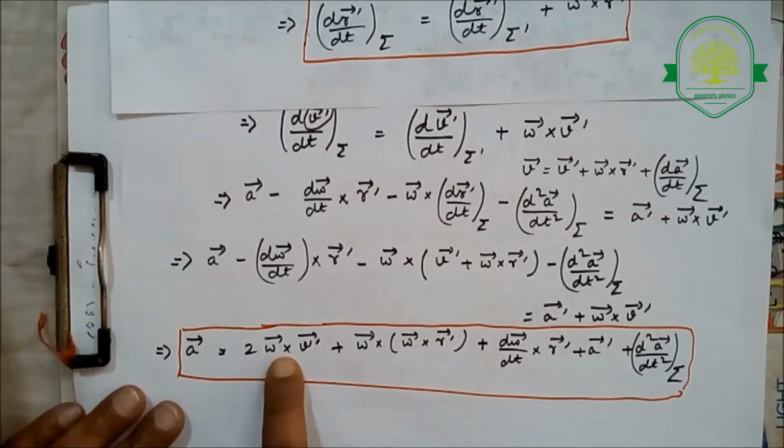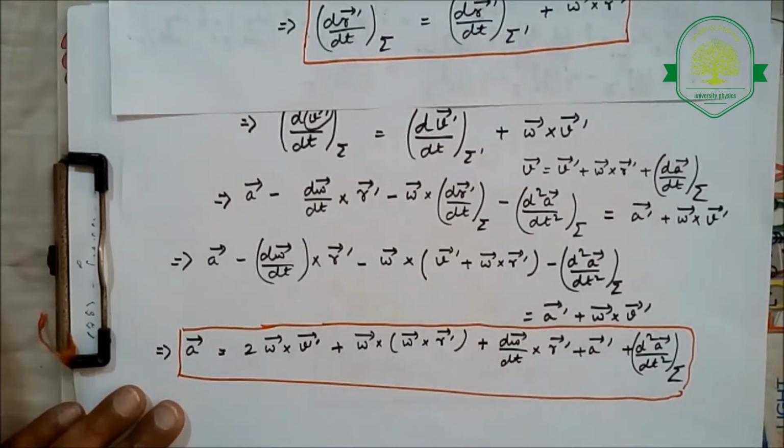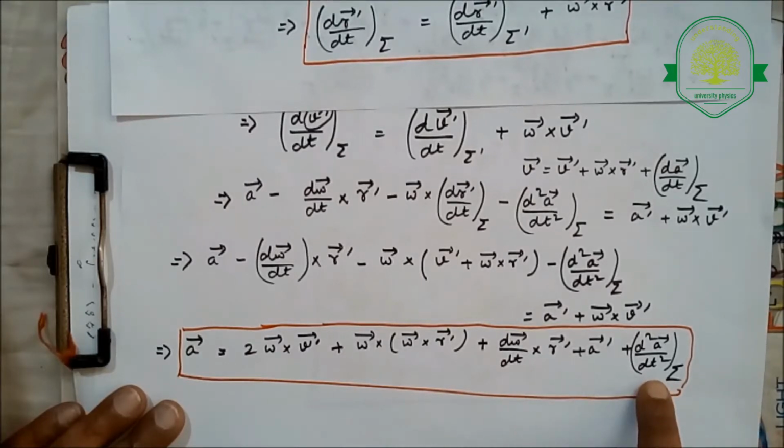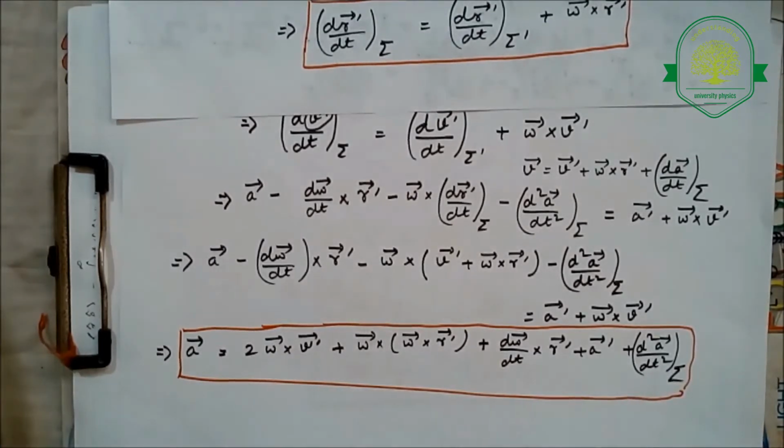This term is our Coriolis term, this is our centrifugal term. This term arises because of the rate of change of angular velocity if angular velocity is not constant, and this term is our pseudo force, which arises because of the linear acceleration of my non-inertial frame of reference. So that ends this series.